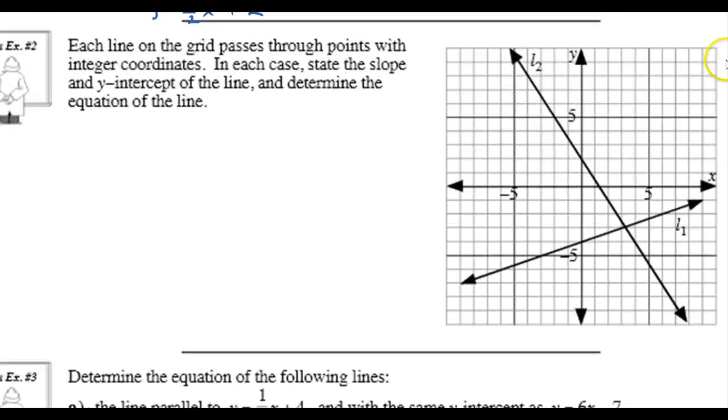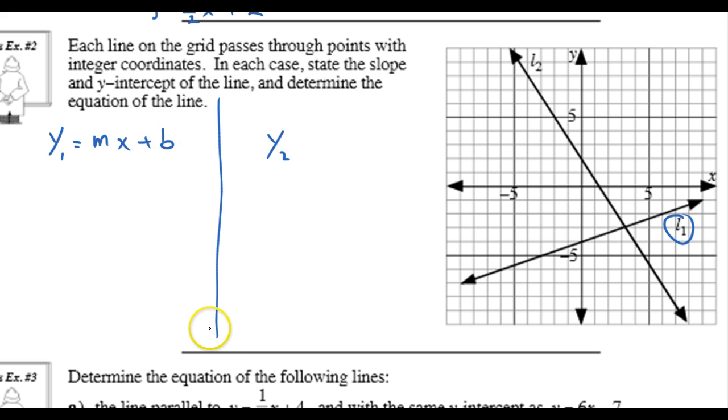Let's see if we can do the same thing in example number 2, with a graph. There are 2 lines, so I'm going to call the first one y1 and the second one y2. So y1 is going to be mx plus b.